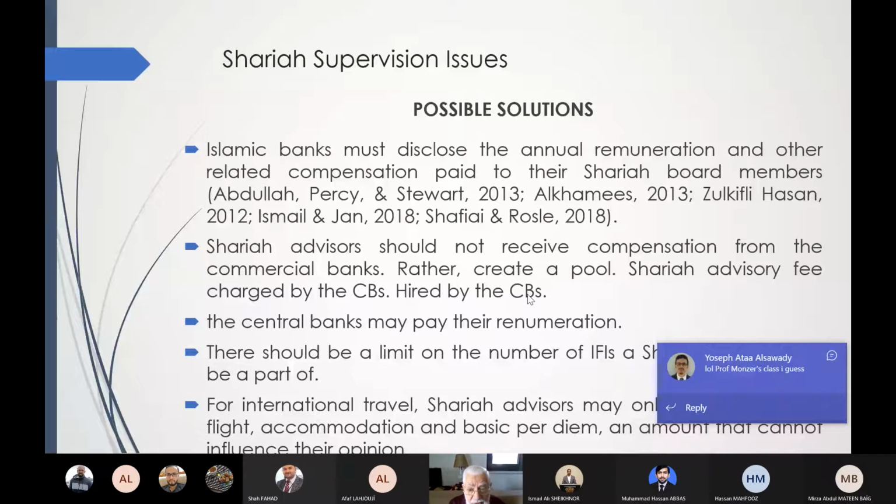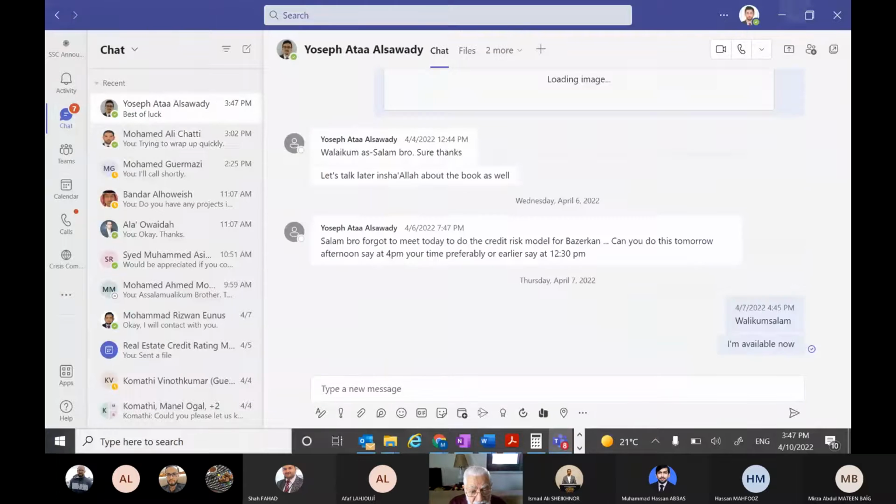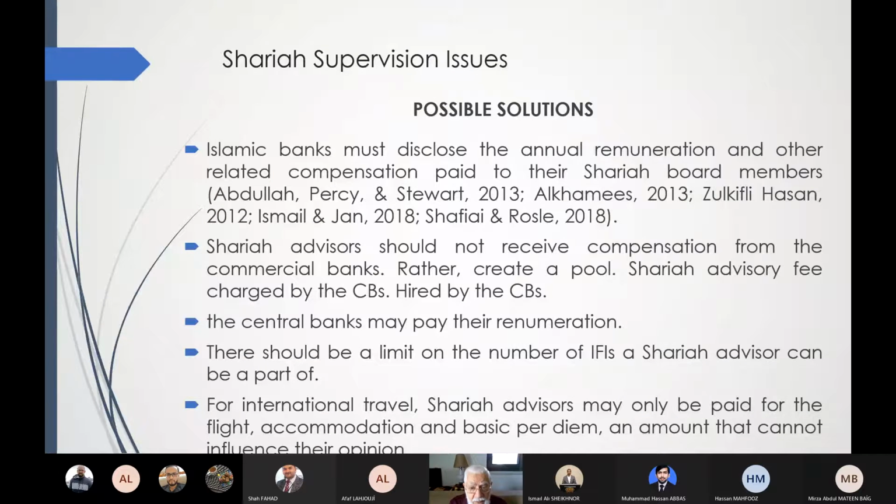So the Sharia board will be paid by the central bank, but from a fund that is charged to the Islamic banks in the country.